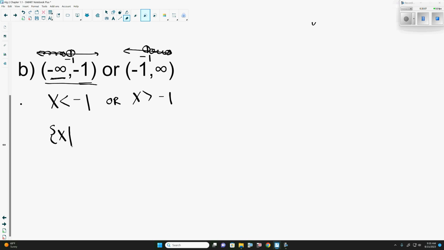But if we have x is a real number, or x is a part of the real numbers, or just interval notation, it's going to be all real numbers. So that means for our set builder notation, we're starting out with brace x bar every single time. Now we need the description of the numbers, yes?